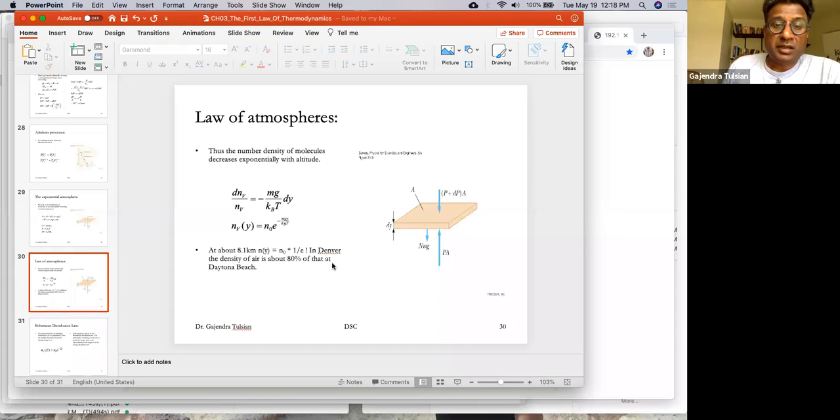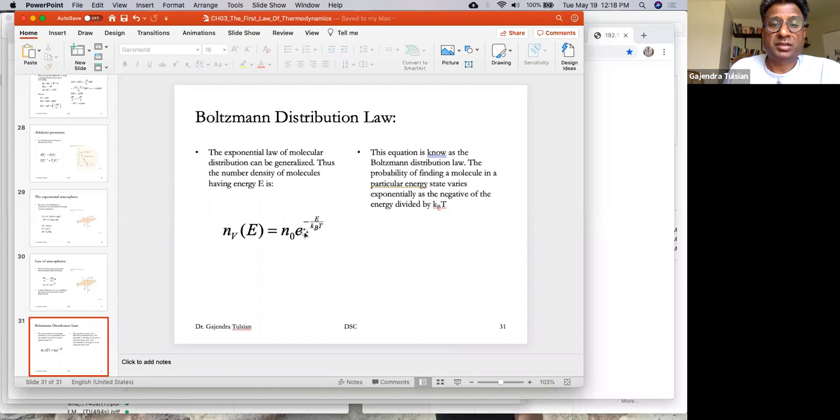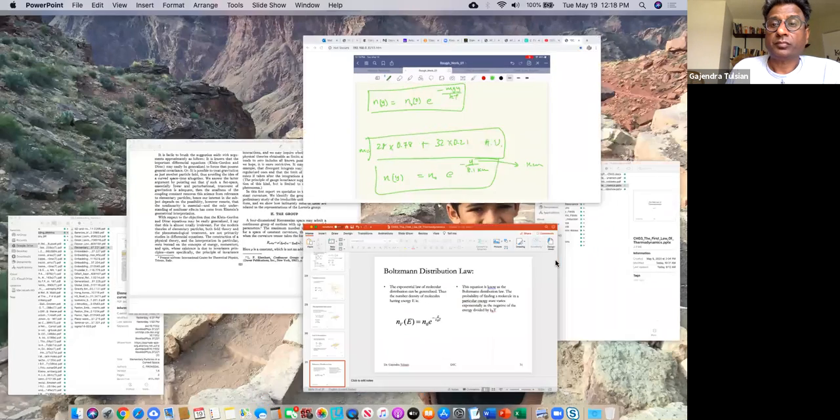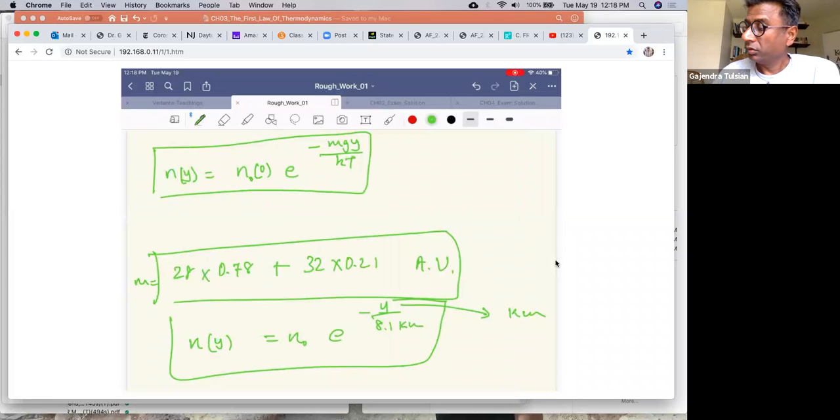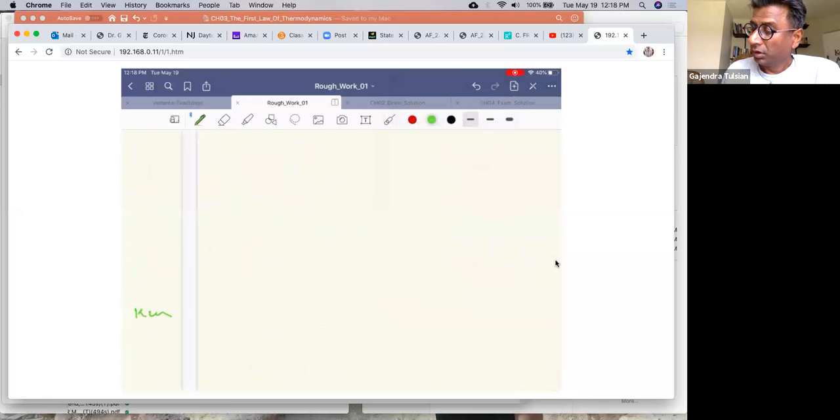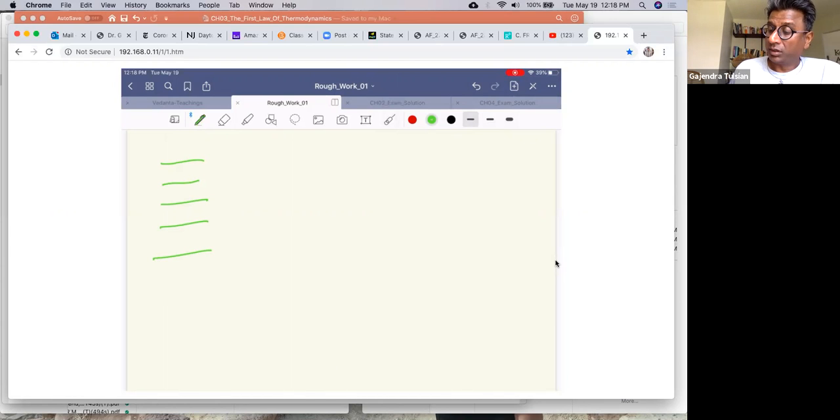So this exponential factor gives us an idea, and it's suggestive. It turns out that it's true. It turns out that what this Boltzmann distribution law is telling you is the following. Let's say you have a system which has various energy levels. If you have a system with many particles, what is the probability of occupying any of these energy levels?